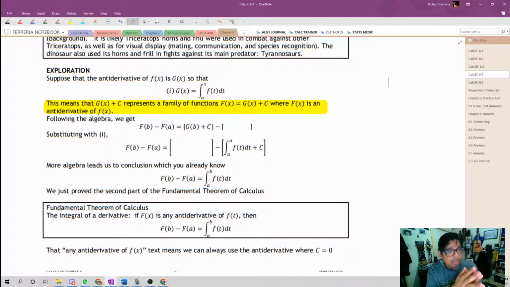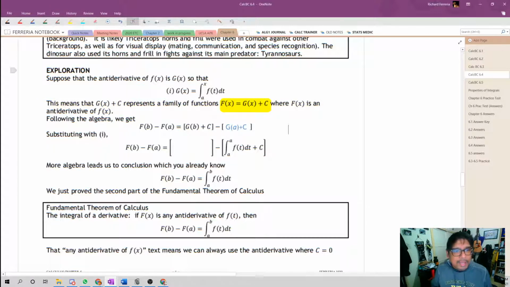Let's just go with what we know from the algebra. We know F(b) is equal to g(b) plus constant. So that means F(a) should be equal to g(a) plus constant. That piece of information comes from the highlighted bit over here, where capital F(x) is equal to capital G(x) plus constant.